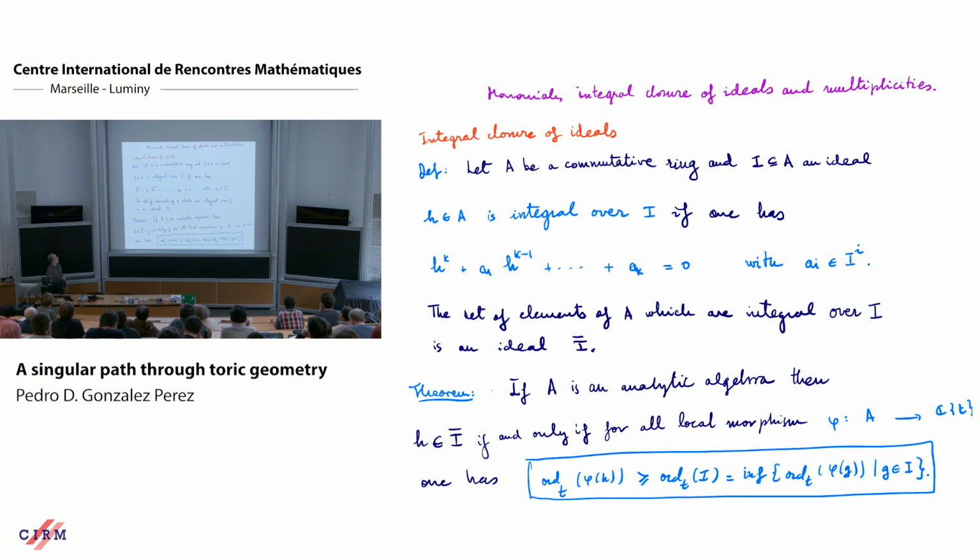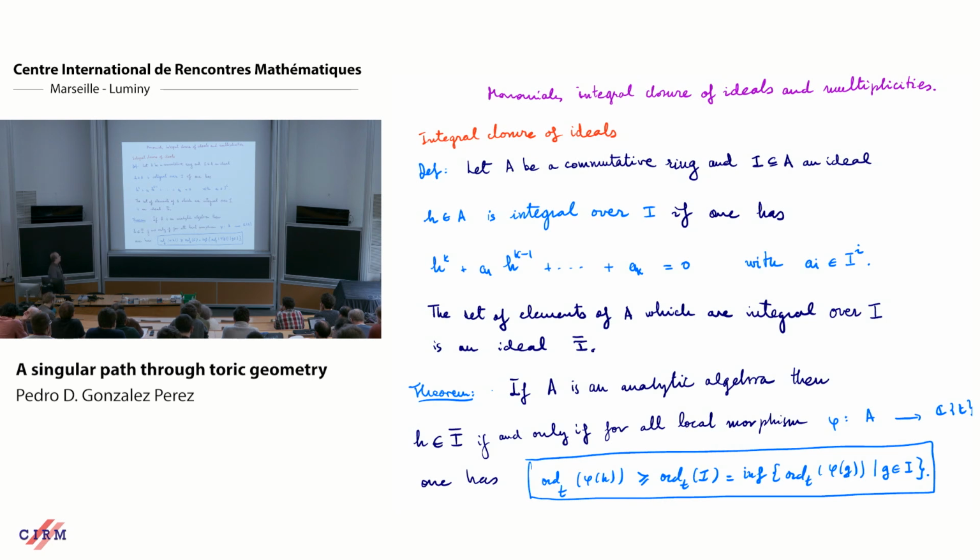The set of elements of the ring A which are integral over I defines an ideal, I bar, and Bernard worked very much on this notion, also in collaboration with Monique Lejeune, and it's a very interesting notion which has a lot of different features.